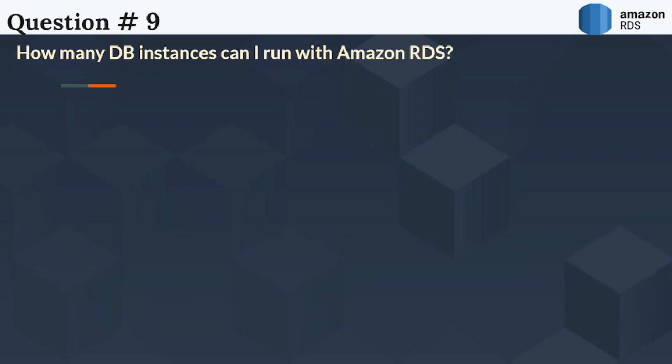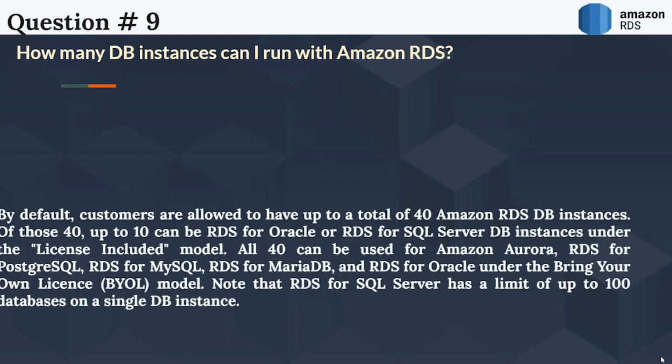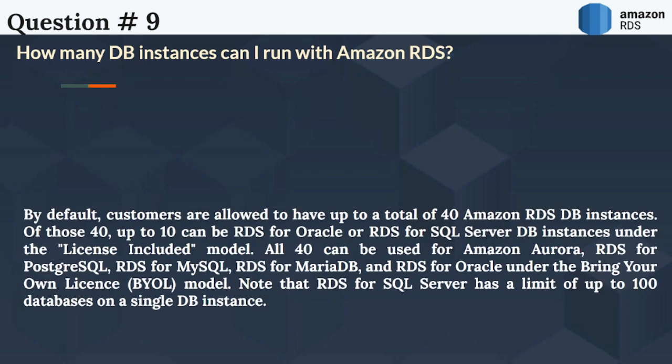So the next question is, how many DB instances can I run with Amazon RDS? By default, customers are allowed to have up to a total of 40 Amazon RDS DB instances. Of those 40, up to 10 can be RDS for Oracle or RDS for SQL Server DB instances under the license included model.